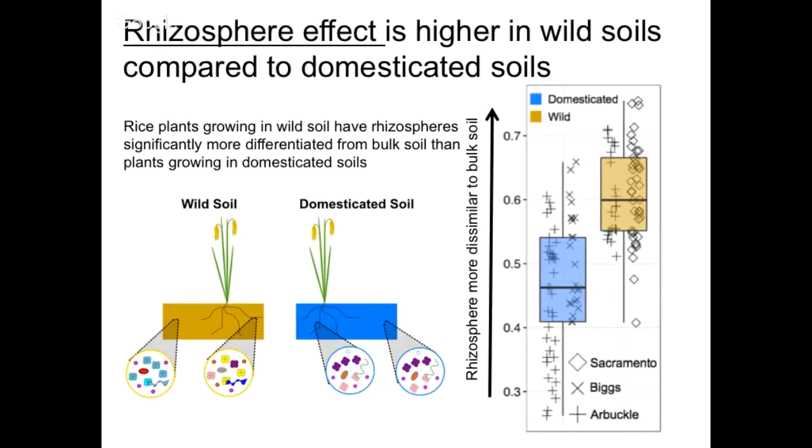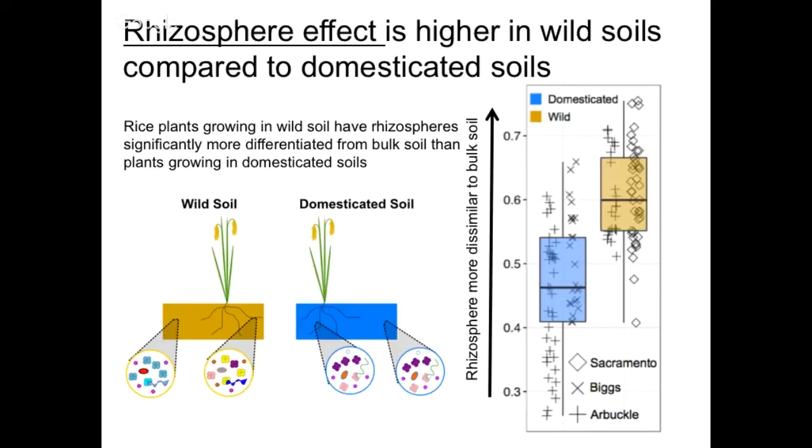By rhizosphere effect, I mean the difference between the bulk soil communities and the rhizosphere is much higher in these. You can think of that along this axis here. It's just the difference between bulk soil and the rhizosphere communities that they assemble. It's much higher in these wild soils than these domesticated soils.